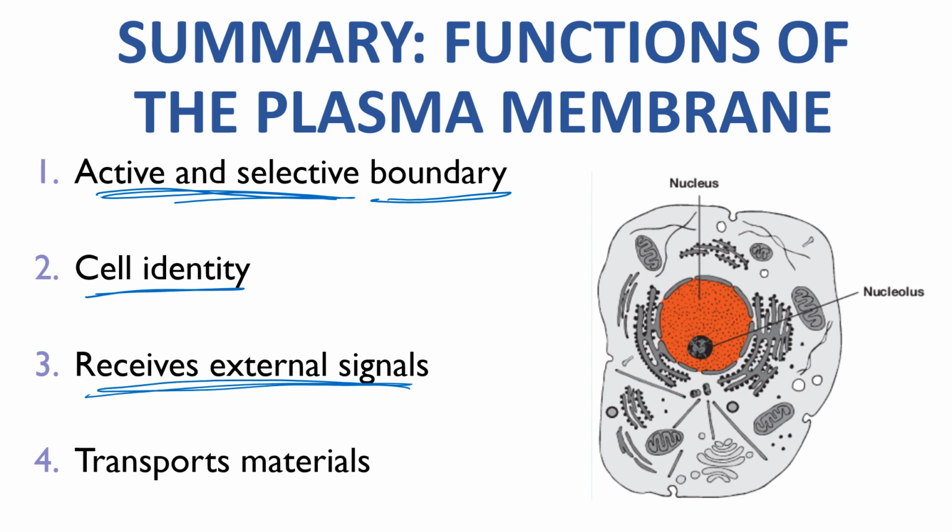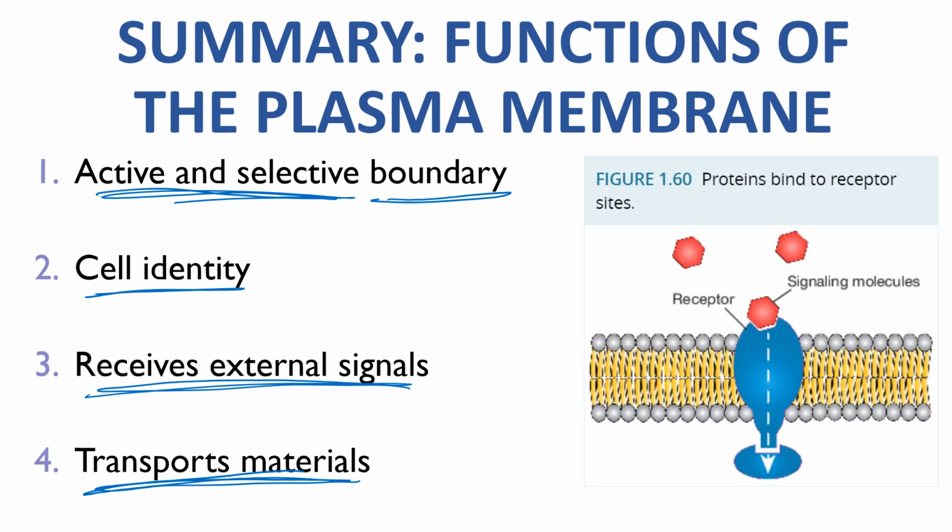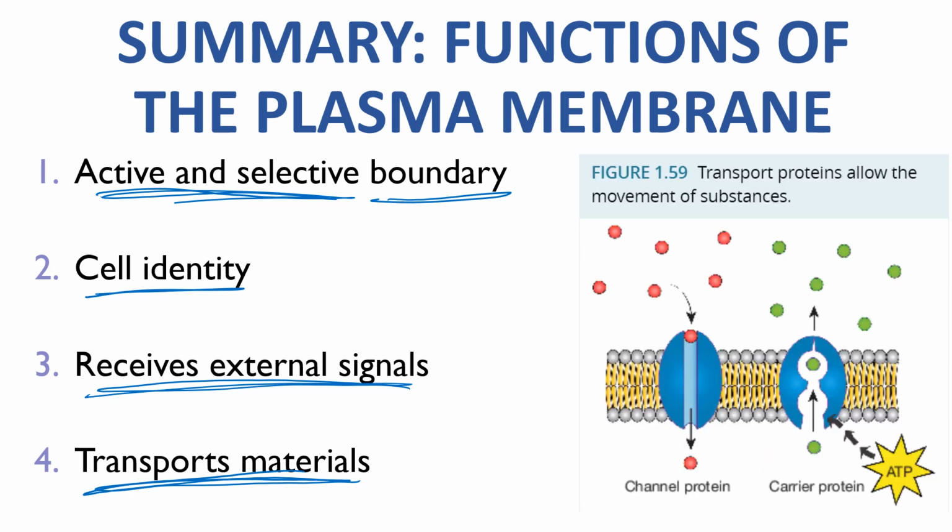That's what some of those integral proteins can do. And because of those transport proteins, it can control which chemicals go in and out of the cell. So that's a signaling protein, and that's some transport proteins, which we'll learn more about next week.